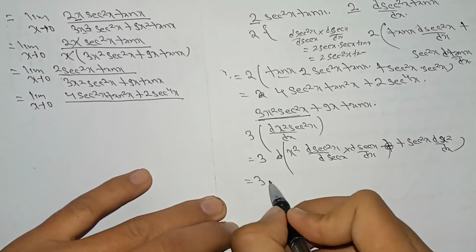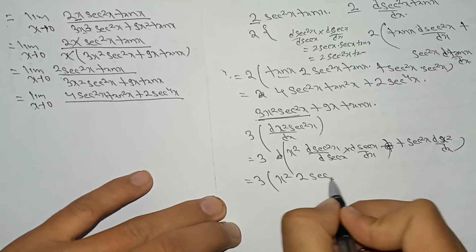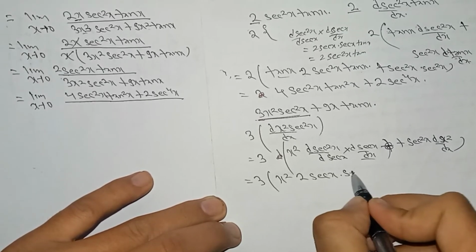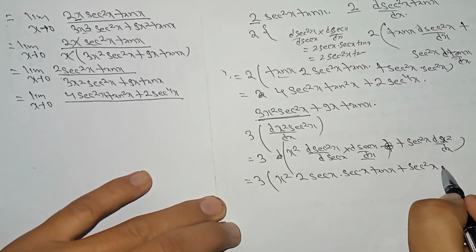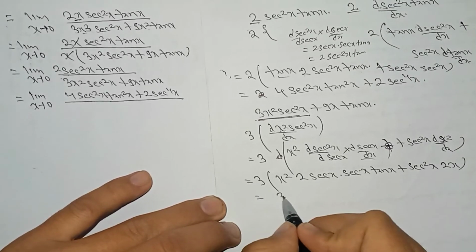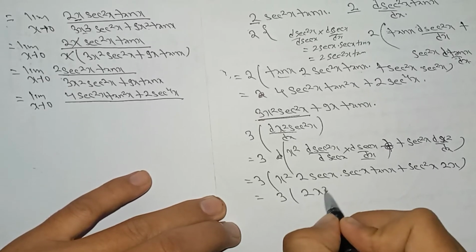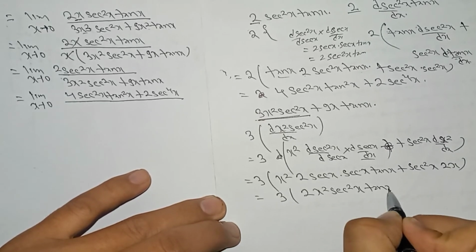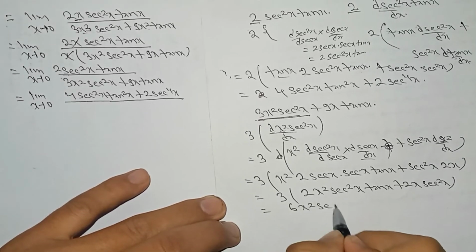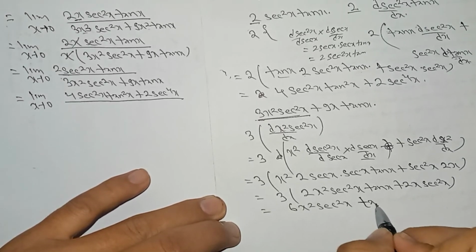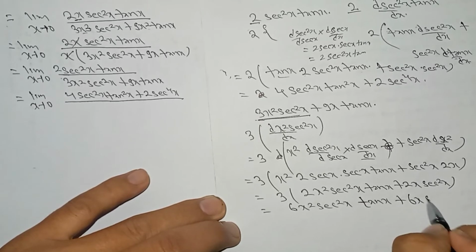So we can write this as 3x square times 2 sec x, and the differentiation of sec x is sec x tan x, plus sec square x, and the differentiation of x square is 2x. So we can write this as 3 times (2x square sec square x tan x plus 2x sec square x). That means 6x square sec square x tan x plus 6x sec square x.